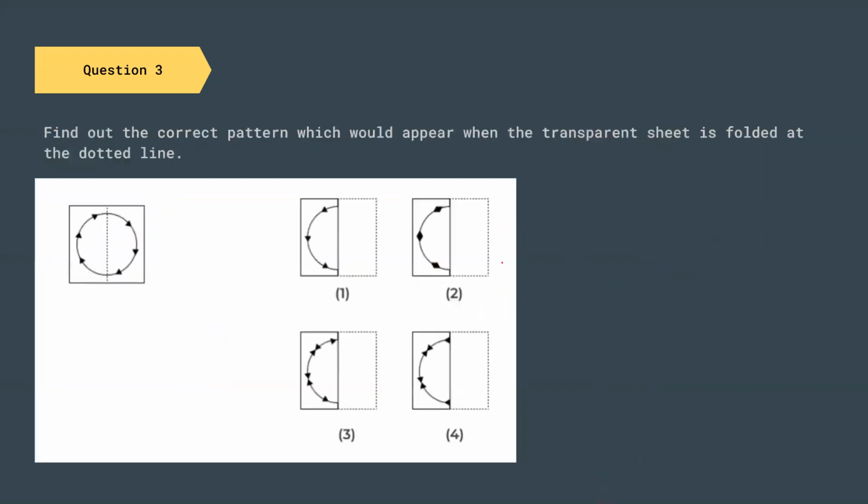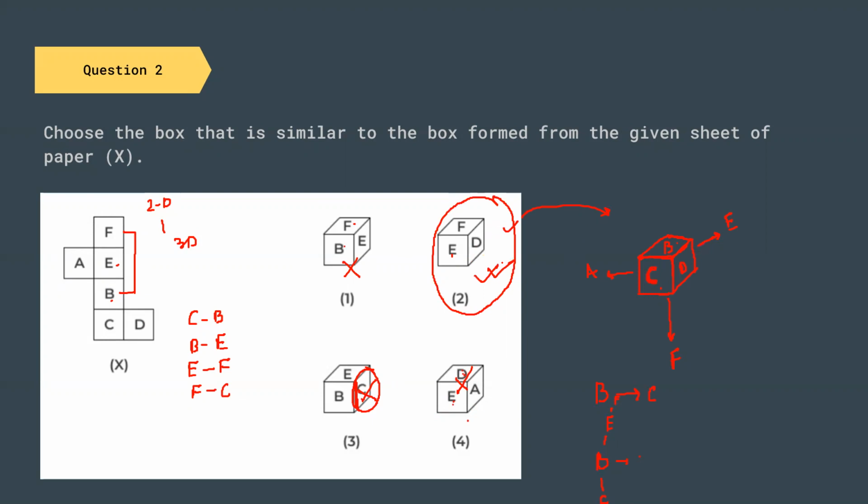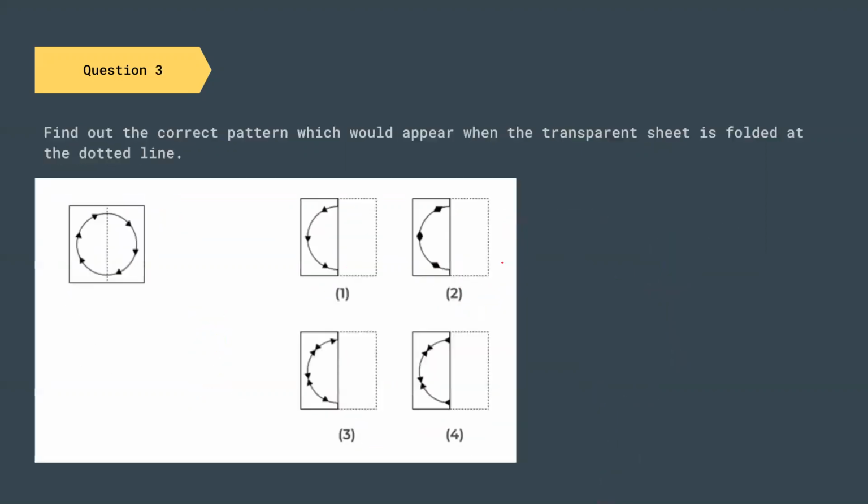If you have understood this question, let us try the next one. We have a transparent paper. Find out the correct position which would appear when the transparent sheet is folded at the dotted line.